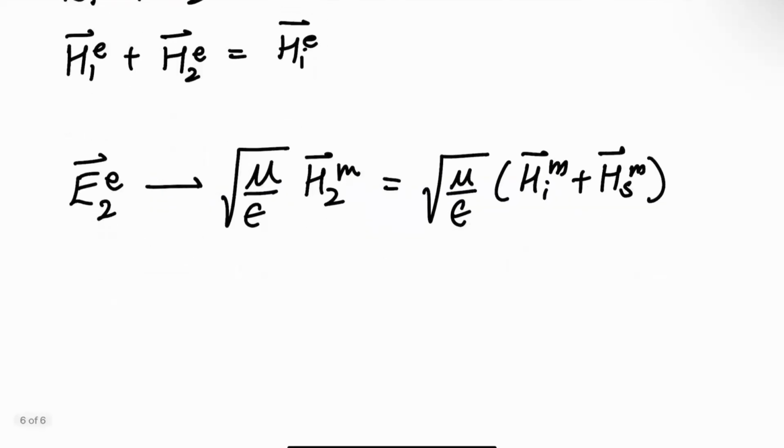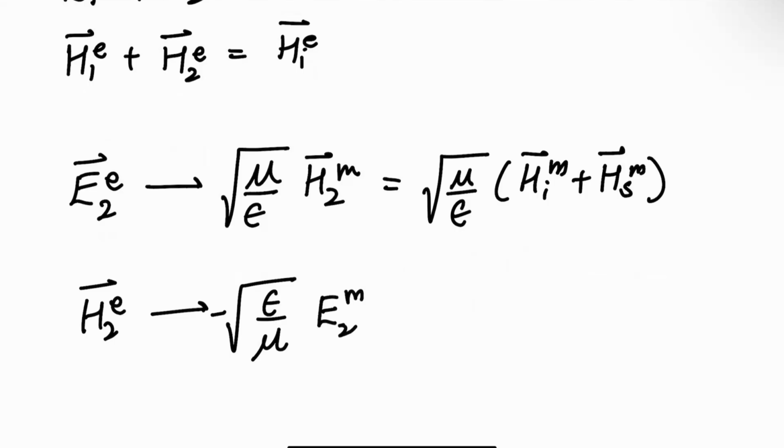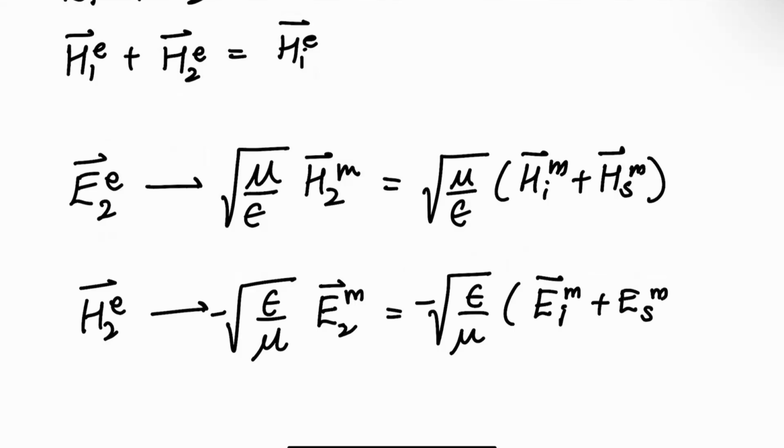And then similarly, H2E goes to minus square root of epsilon over mu E2M, which is equal to minus square root of epsilon over mu times EIM plus ESM.